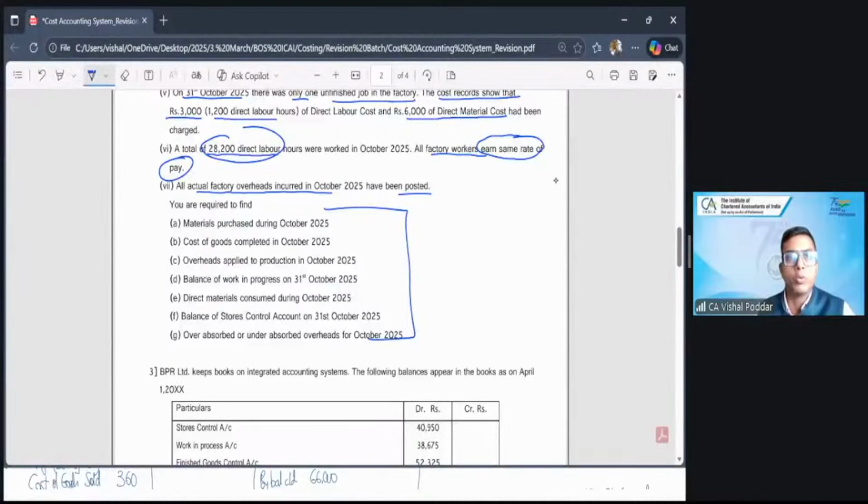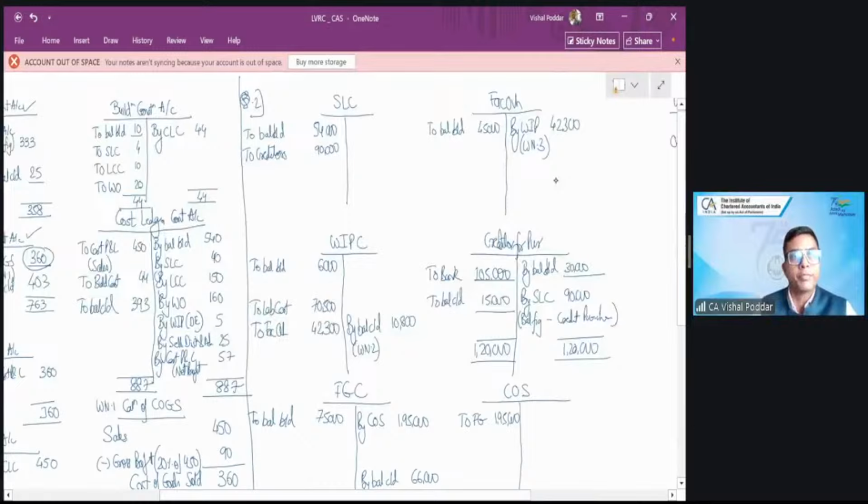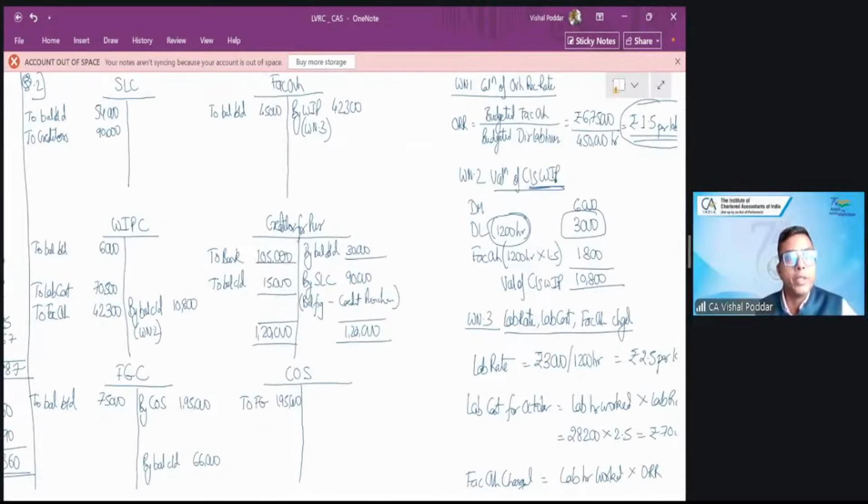So what we will do, now we'll start doing balancing. Now, material account has opening plus purchase, but two things are missing, so I cannot complete this. WIP account, I have opening, labor cost, overheads cost, closing. Again, two things are missing, I cannot close this.